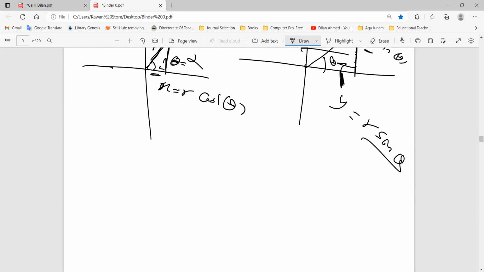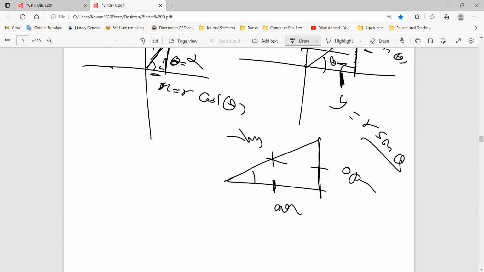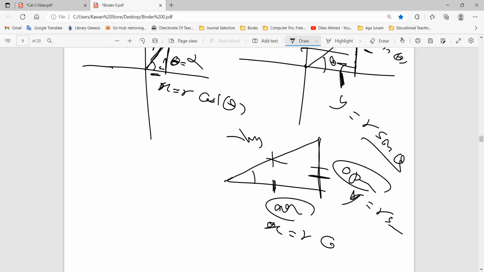When you are analyzing the angle, the line with the angle theta, as we have in the triangle, we say opposite, adjacent and hypotenuse, right? But here, the y part is equal to r sine theta, and x equal to r cosine theta. So the angle is important.